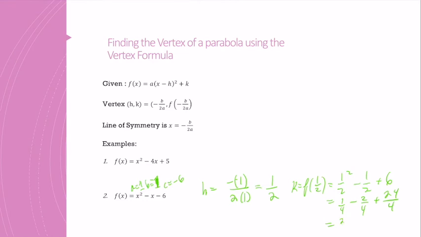That's negative 25/4. So I have f of x equals x minus 1/2 squared minus 25/4, because my vertex is when x is 1/2, y equals negative 25/4.